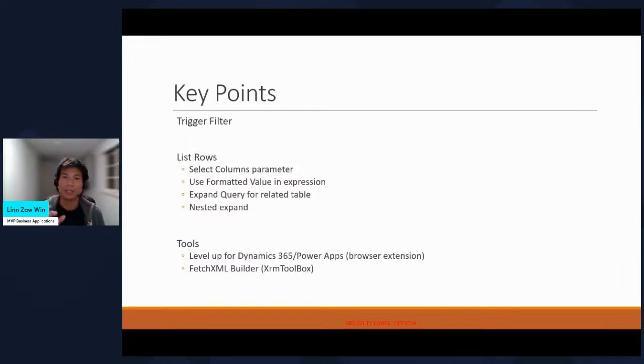And if you want the text value of a lookup or a choice, use the formatted value in the expression. If you have to get a value from the related tables, don't make another call. You can use the expand query to get the data from the related table, and you can do the nested expand to get the table from 1 or 2 or 3 levels up.